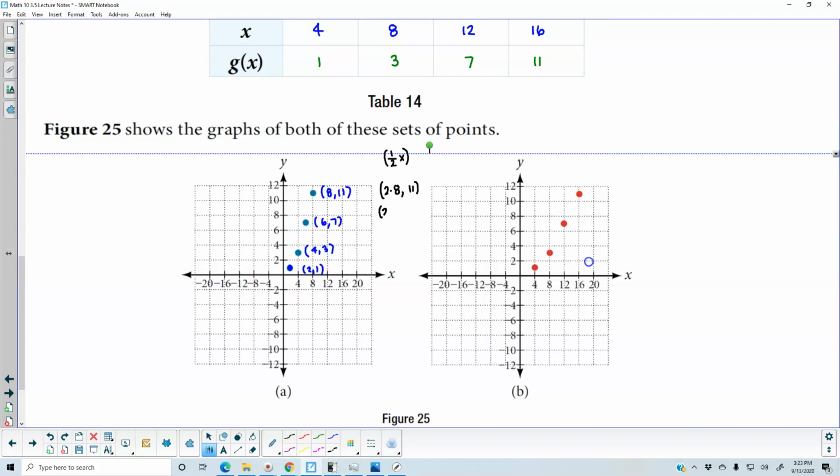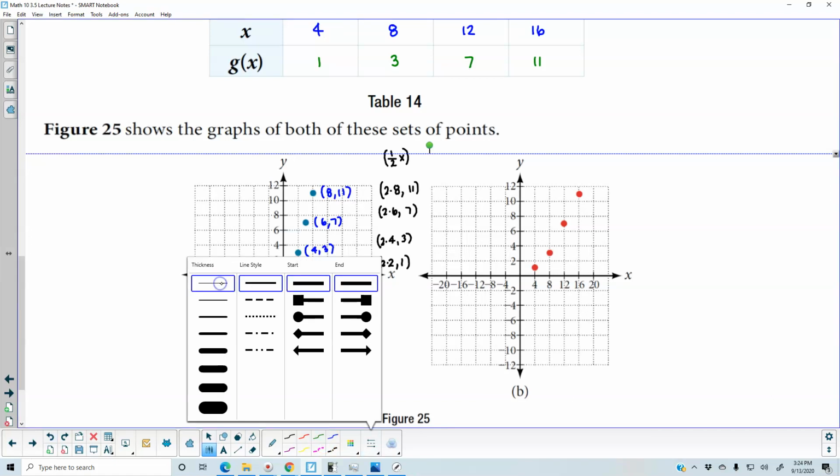We took 2, multiplied it by 6 and kept our output. We took 2 and multiplied it by our input and kept our output, which eventually became our new ordered pair.